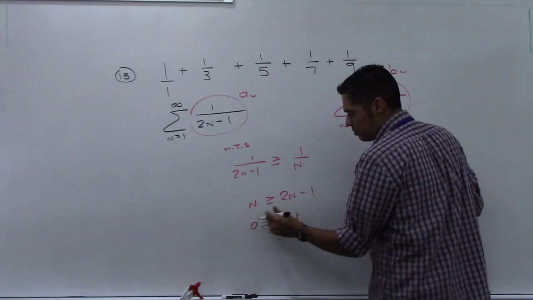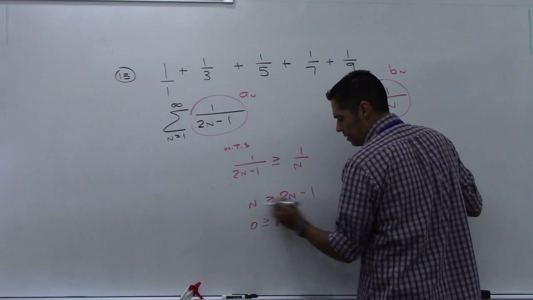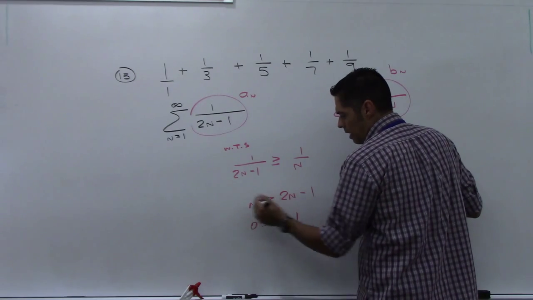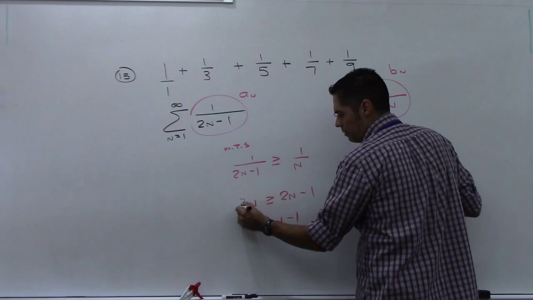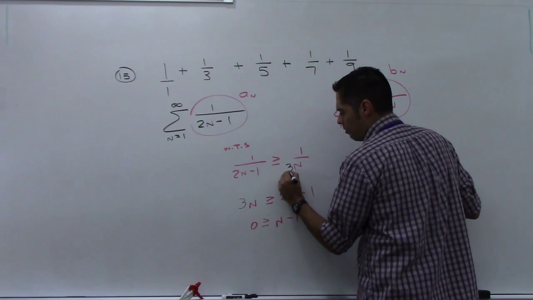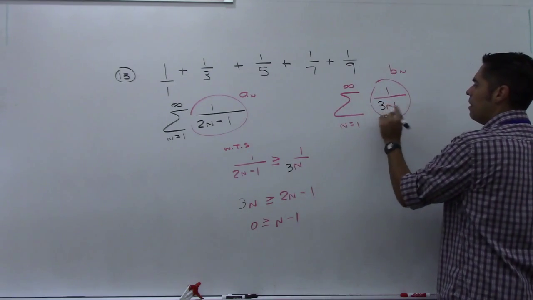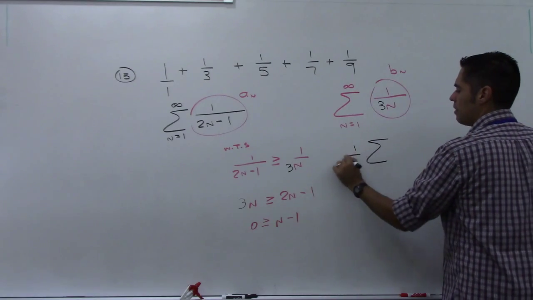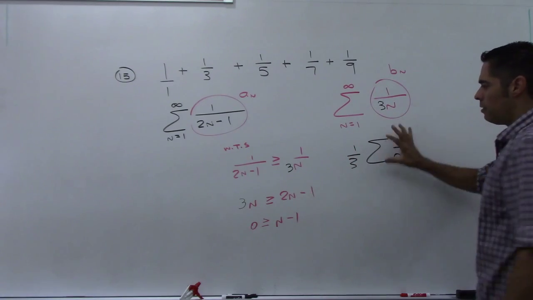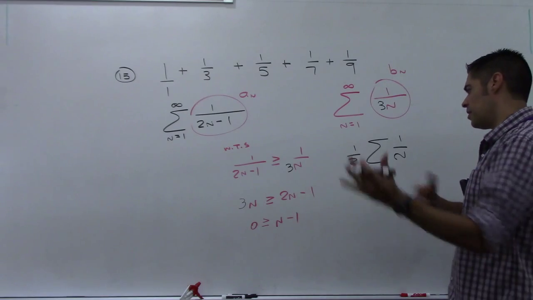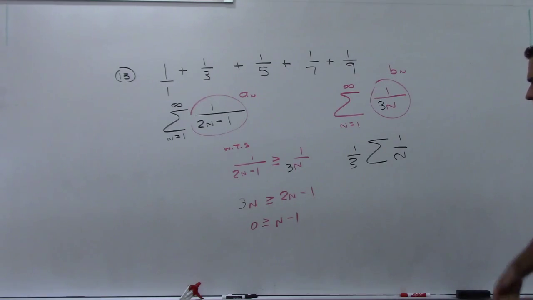if I want to tweak this, remember, I want to make this one bigger so that this side's bigger than this. So I think the safest bet would be to make that a 3, which means make this a 3, but then that's still the same as this, which is still divergent. So look at my solution for number 16 that I did before this. It's pretty much the same thing.